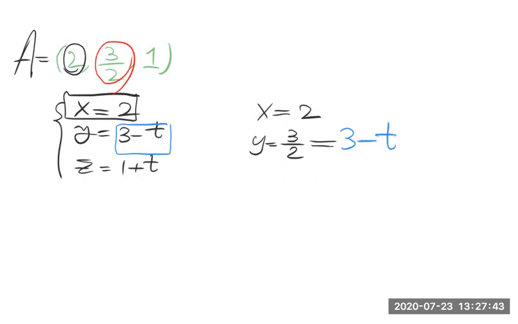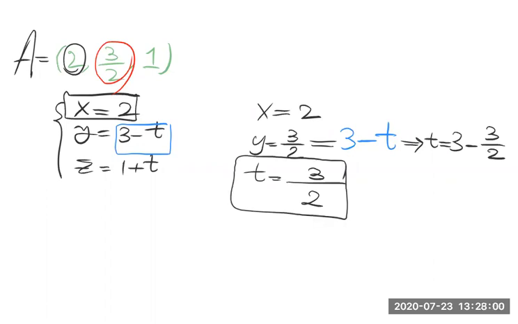We can solve this equation if t is equal to 3 minus 3/2, which is 3/2. So this equation tells me t is 3/2.